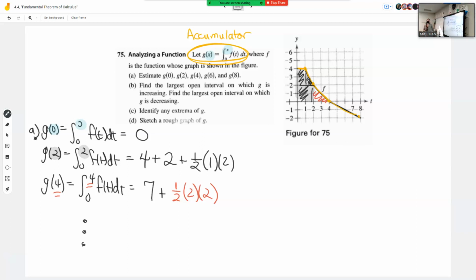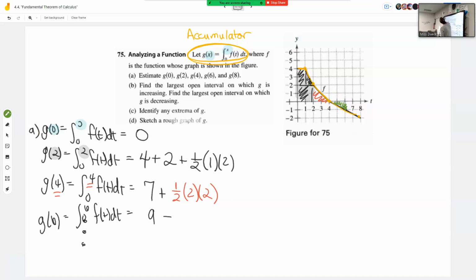However, quick question. As we get to G of 6, does anybody notice what's going to have to change? When I say I can take everything here, which is going to end up being 9, why am I going to put a minus even though everything before was doing pluses? Because it goes below. And whenever it goes below, I have to go to 5 and go to 6.